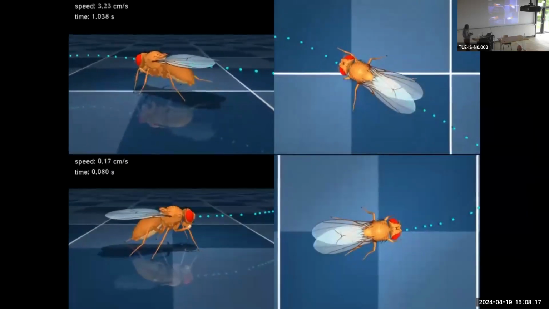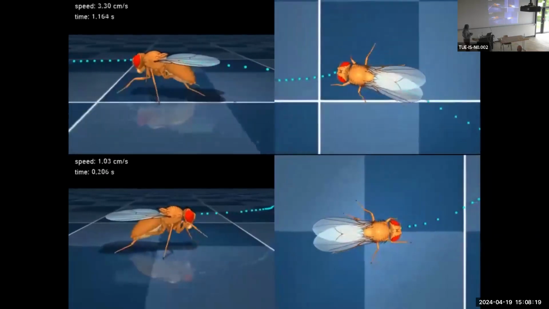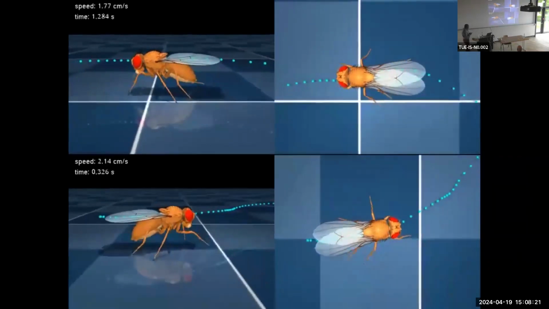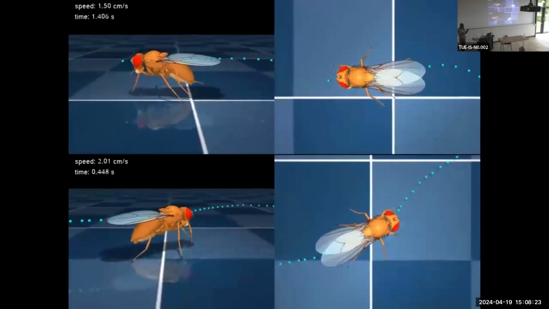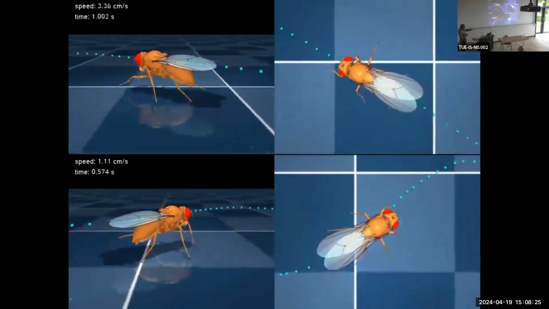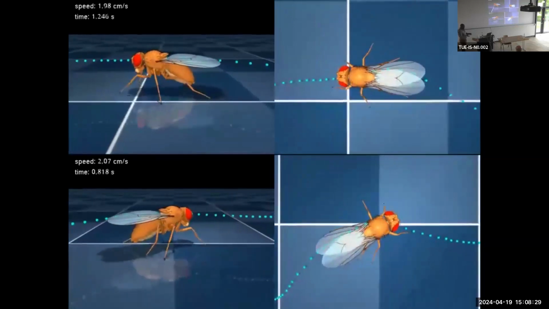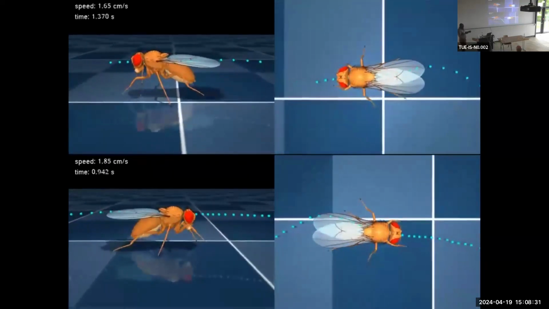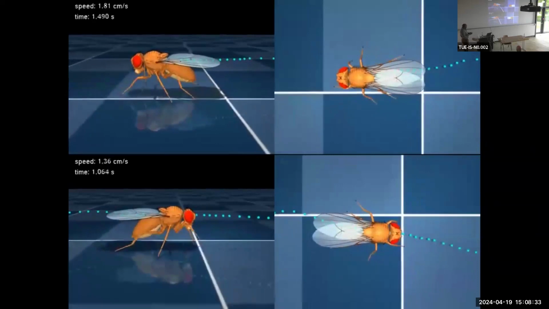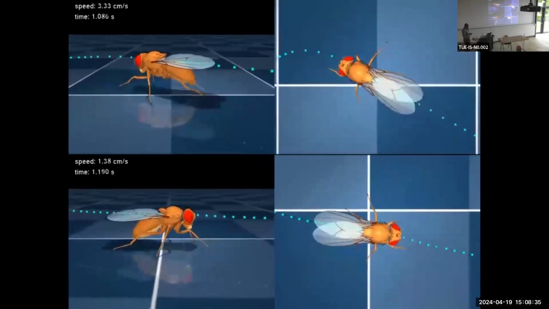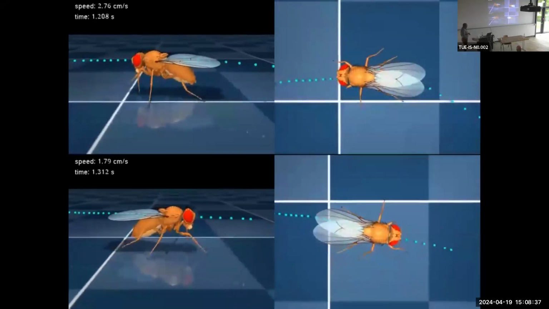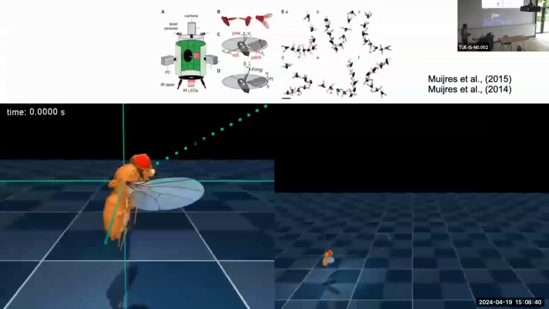And then we're able to generate quite highly realistic looking walking patterns along arbitrary trajectories. And all these trajectories were real trajectories generated by real flies in the lab. And the fly is asked to replicate that trajectory, and it can do so.